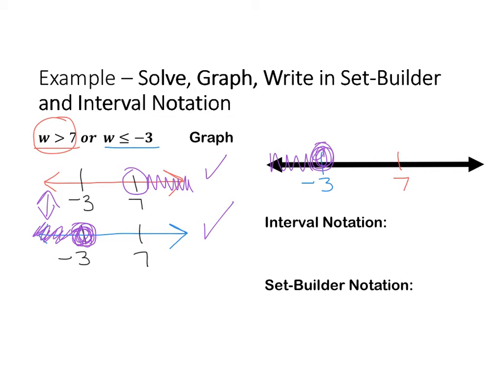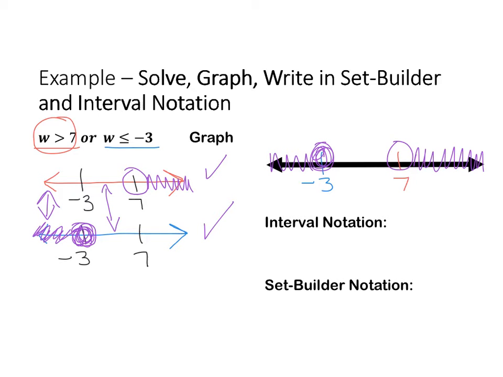Between -3 and 7 there's nothing, so we don't shade there. We have an open dot at 7, and 7 is not shaded on either graph, so we don't shade it here. But we do shade to the right. And that's the graph of this OR compound inequality.